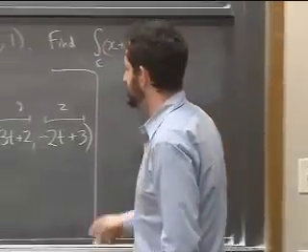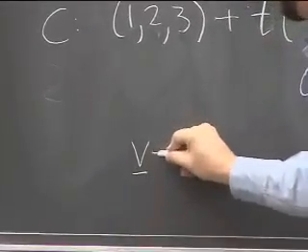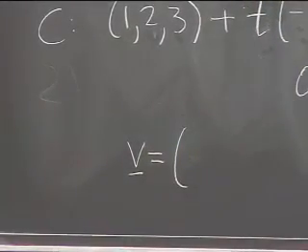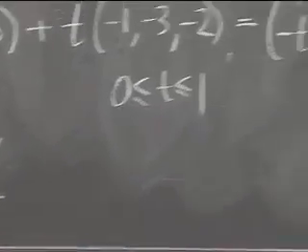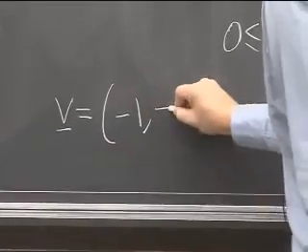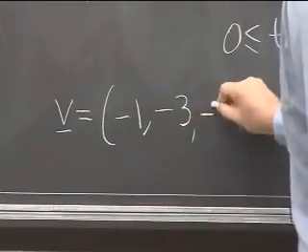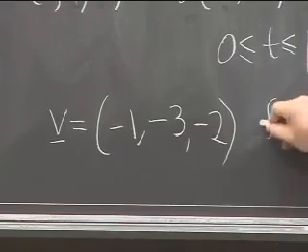Let's test it. V, the velocity vector, you just differentiate with respect to t. So this is minus 1, this is minus 3, and this is minus 2. Doesn't depend on t at all. Independent of t. This is true for all t.